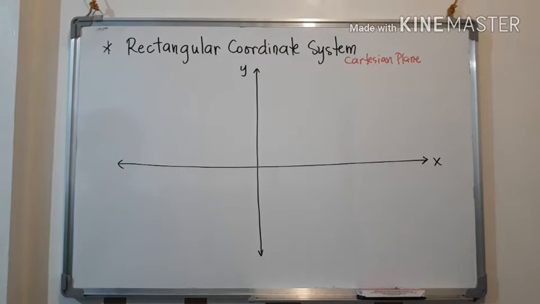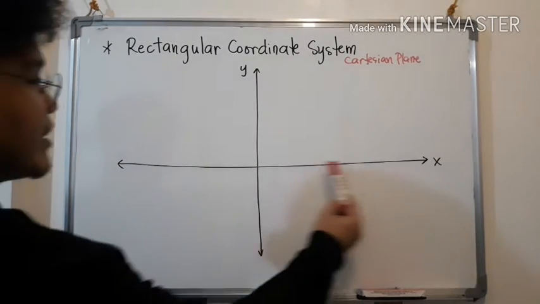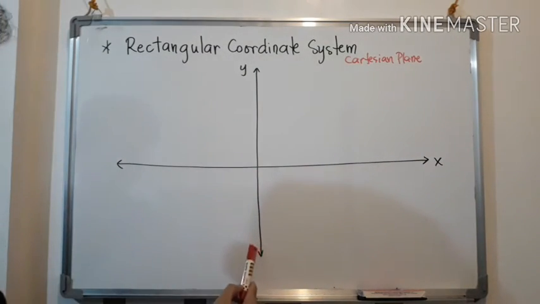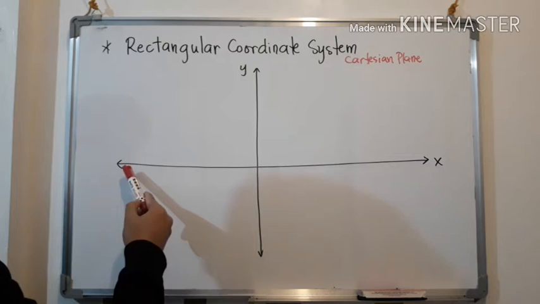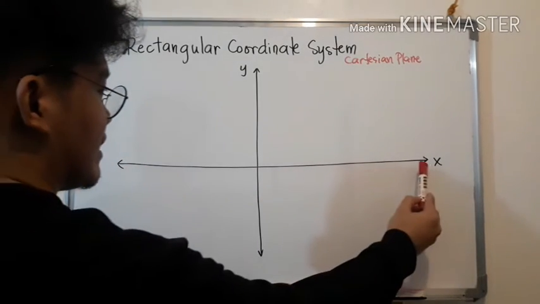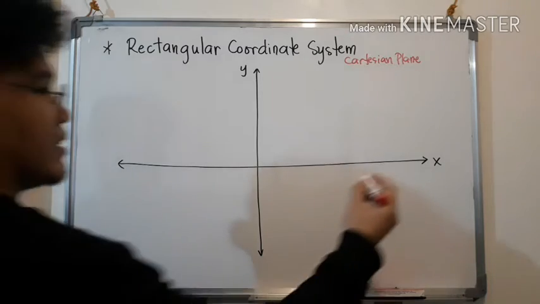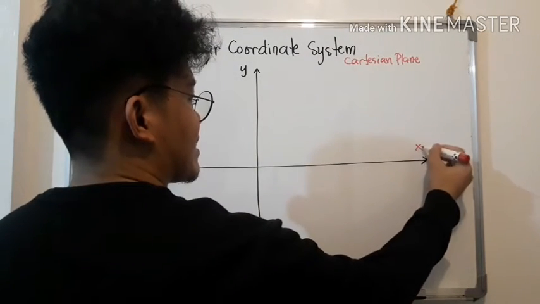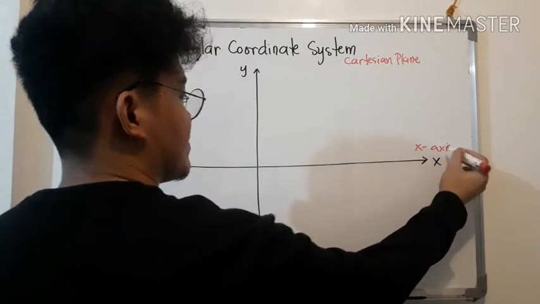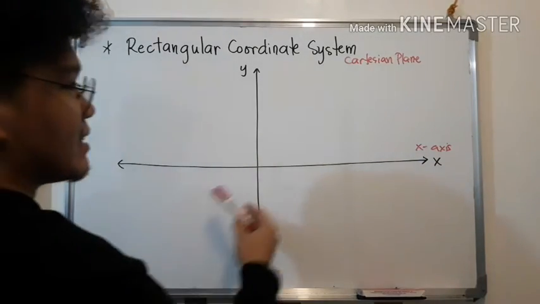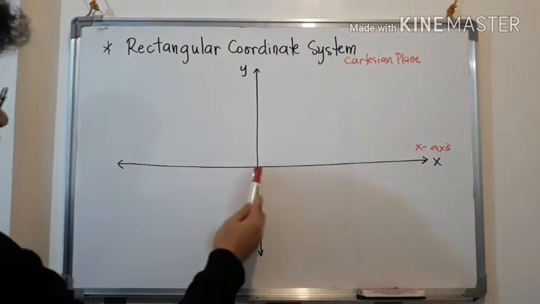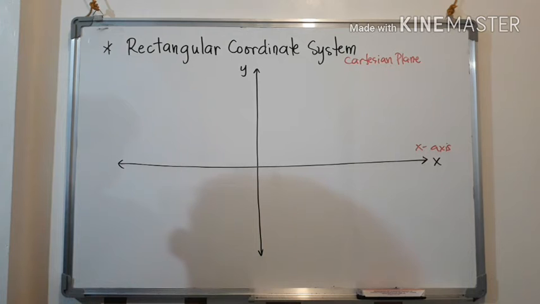So we draw a pair of perpendicular reference lines. This horizontal reference line is what we call the x-axis, which is composed of the positive x-axis and the negative x-axis.